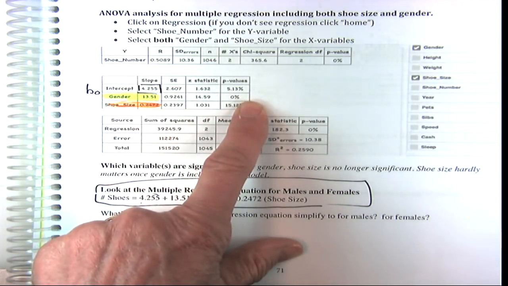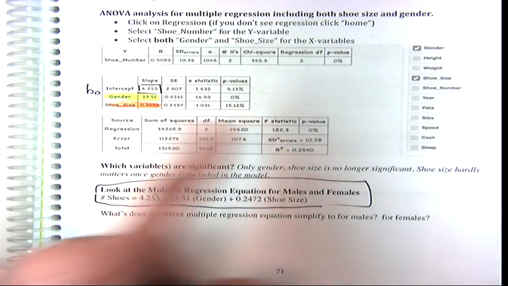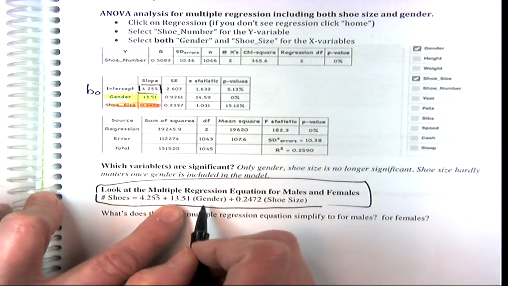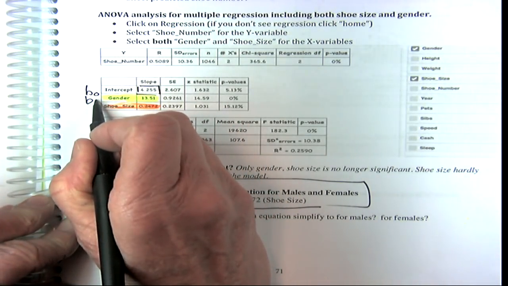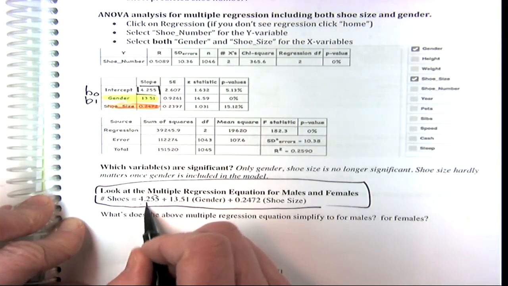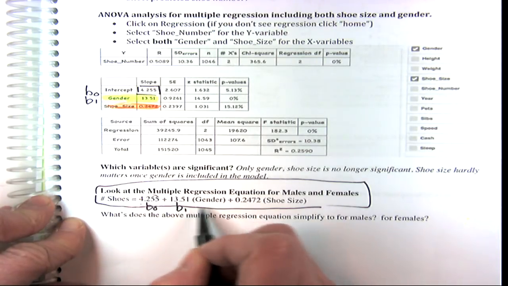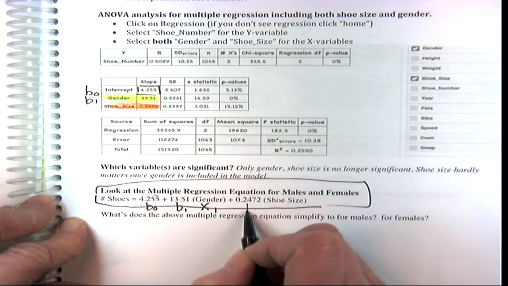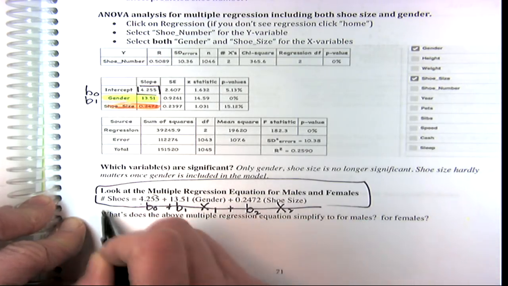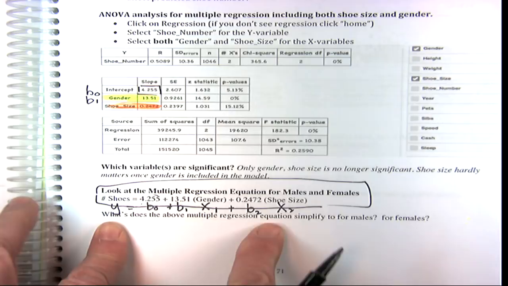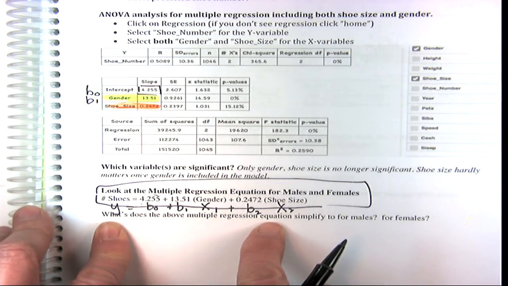That's the z statistic, and that's the p-value. I'm just looking at the output here. Then we also have a slope for gender. Right here, that's B1. So this is B0, this is B1 times X1, and this is B2 times X2. And this is Y. So that's our multiple regression equation right there.